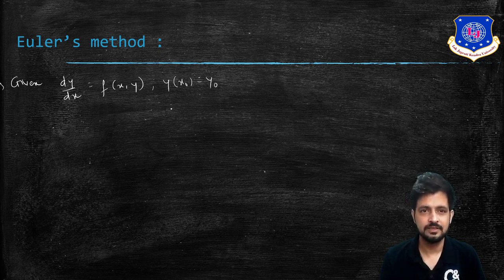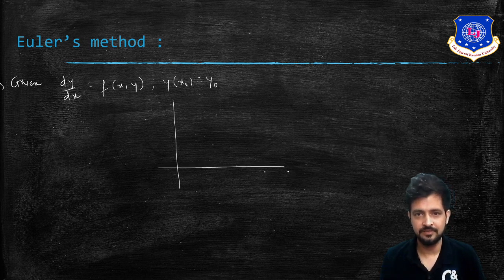Let us understand this graphically. This is our x-axis and y-axis. Here will be my x0, and y0 is also given. Here is my y0, and here I can write my point x0 comma y0.